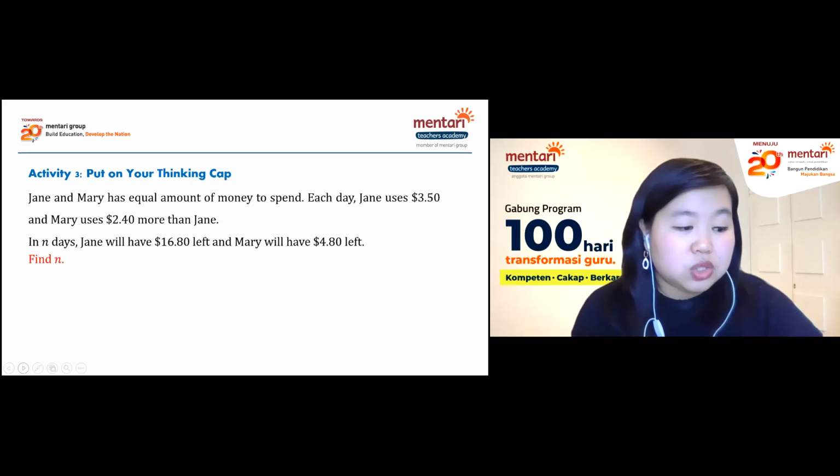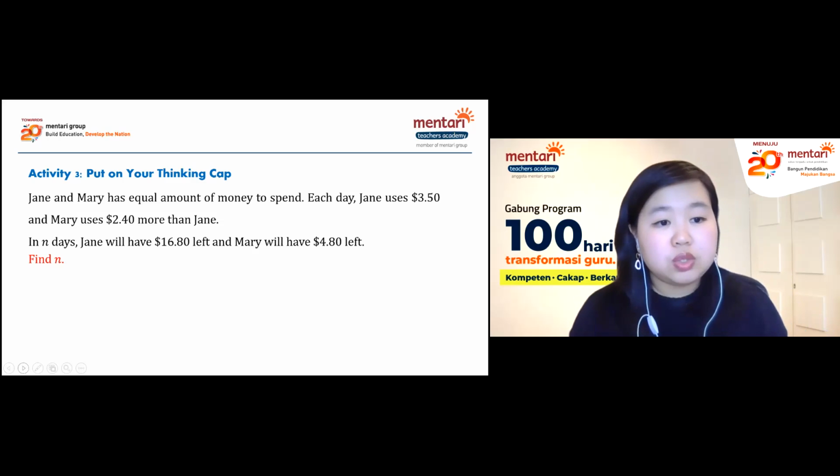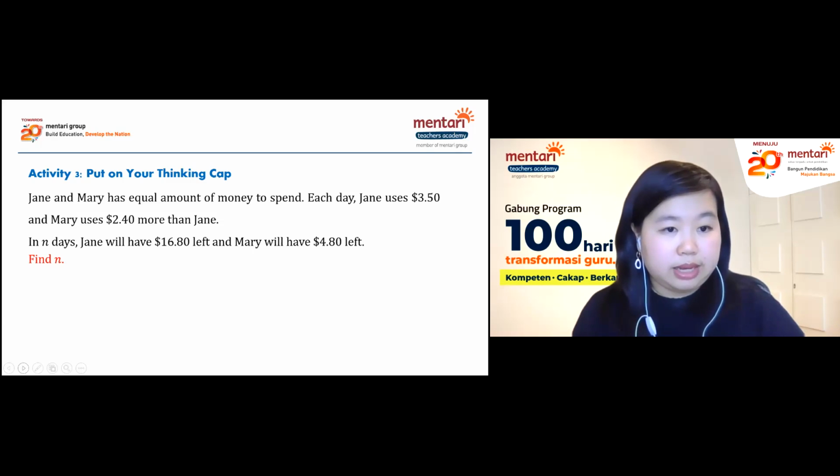So find N. Obviously this is a problem that makes use of a letter in replacement of a quantity, so it's algebra. As I've said, it will cater more to the upper primary, such as grade 5 or grade 6. Okay. So feel free to just solve it for a bit.